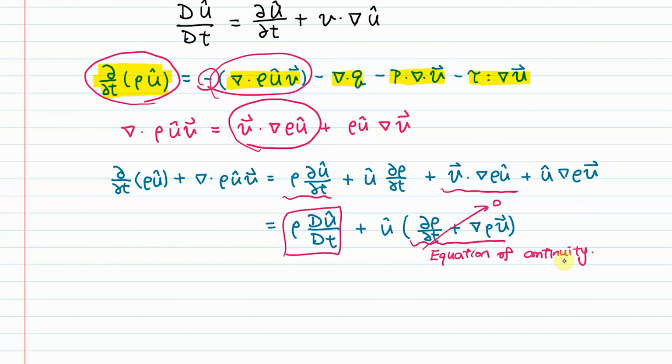Now our equation is simplified to rho times the substantial derivative of the internal energy equals the divergence of heat conduction, minus the reversible change in internal energy by compression, minus the irreversible change by viscous dissipation.